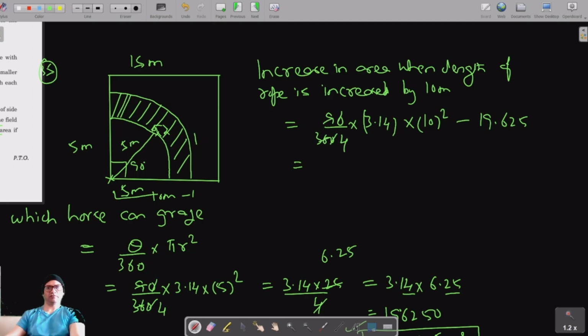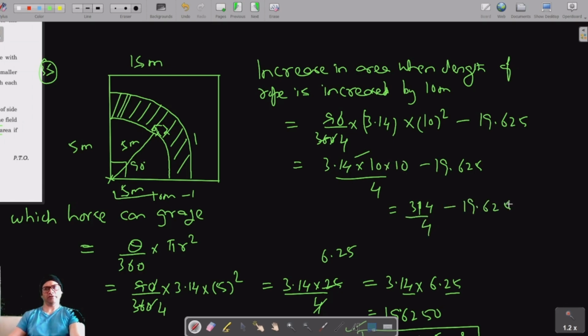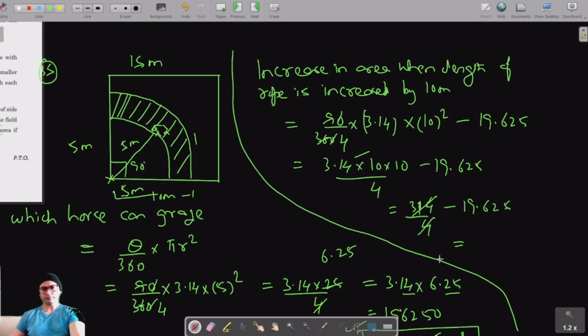So this is 3.14 into 10 into 10 by 4, which is 314 by 4 minus 19.625.